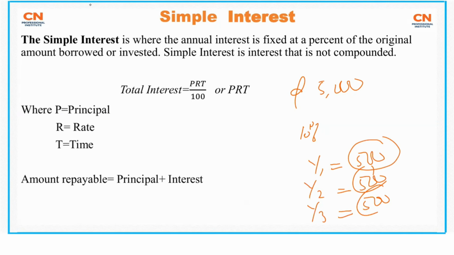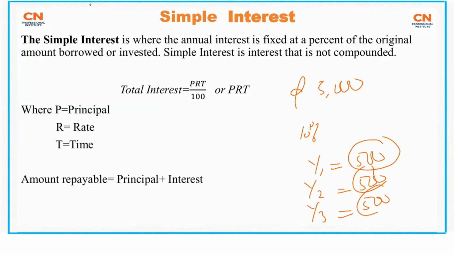Interest for year one is the same as interest for year two, which is the same as interest for year three, etc. So simple interest does not compound. It is fixed. It's at a fixed percentage of the principal and it does not change. It remains constant throughout the years. That is simple interest. Interest which is fixed at a percentage of the amount borrowed or the amount invested, and it is interest that does not compound.